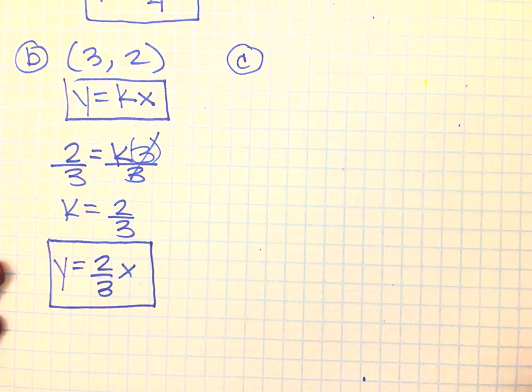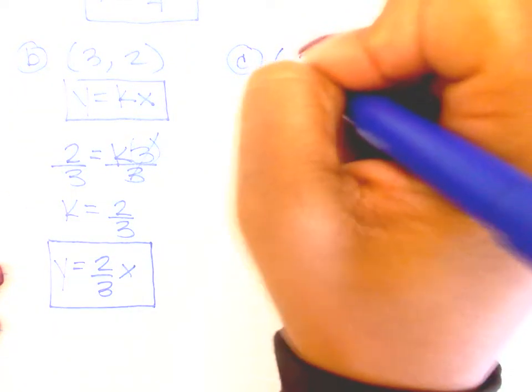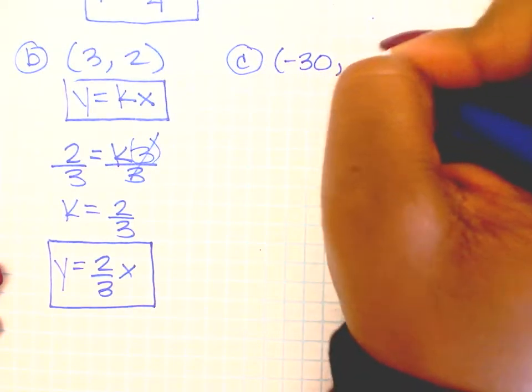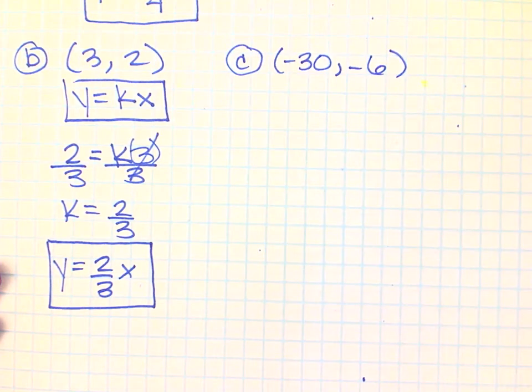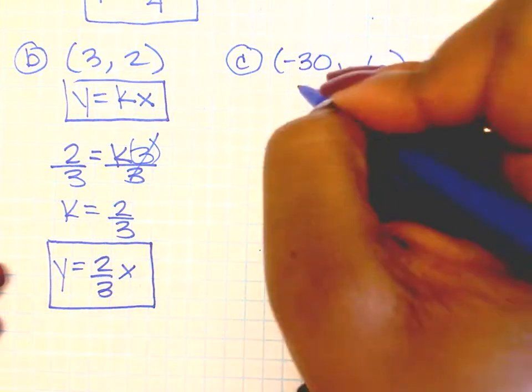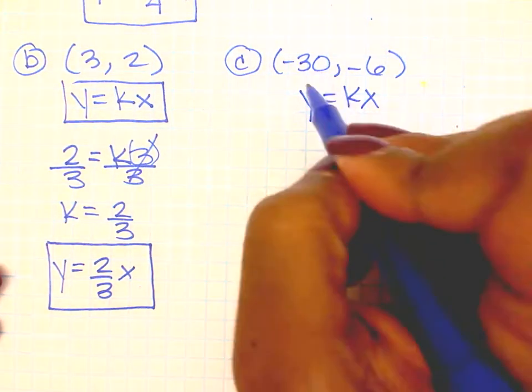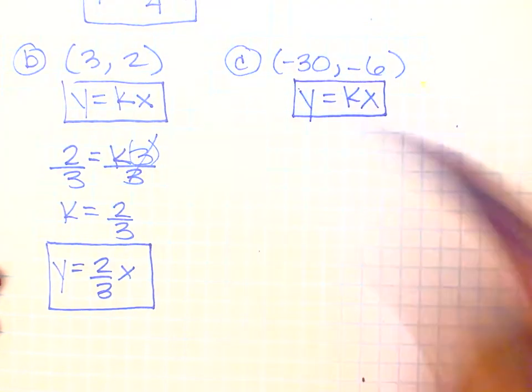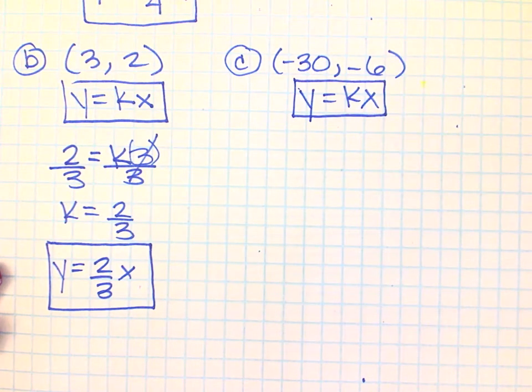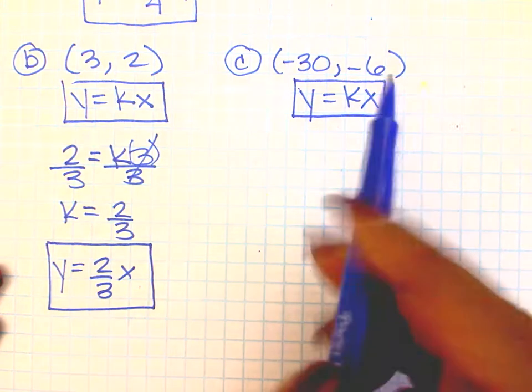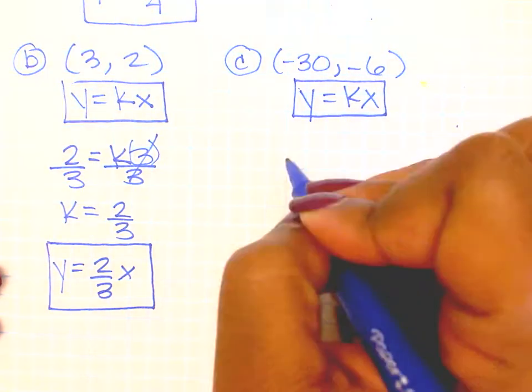Last one for this example, and then we'll move on. Negative 30, comma, negative 6. And again, I know myself, so I'm going to write down the equation, y equals kx, so I don't forget to write that at the end. Okay, so plugging in, y is negative 6.